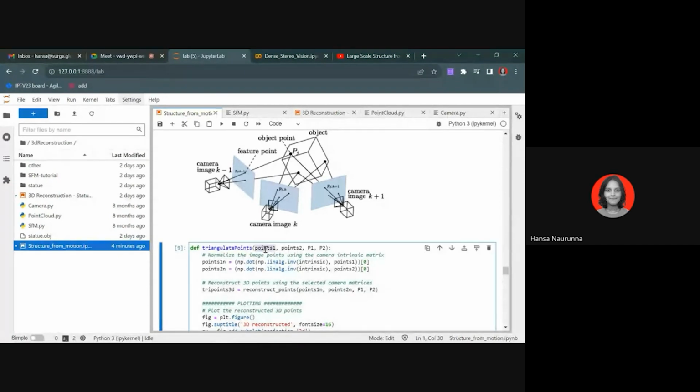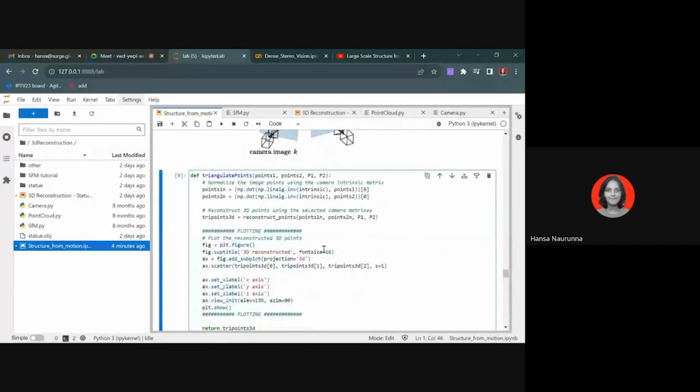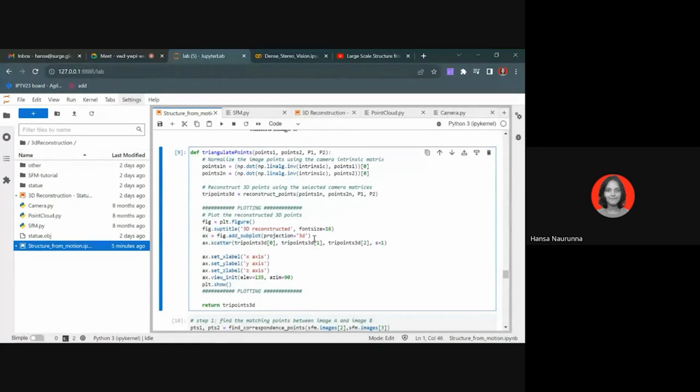So we give the good matches over here, and then we have P1 and P2, and we're using that triangulation function that we described earlier to triangulate everything and reconstruct the points. It's really easy at this point because we have everything we need, and we create the 3D points, and now we're just plotting it in Matplotlib.